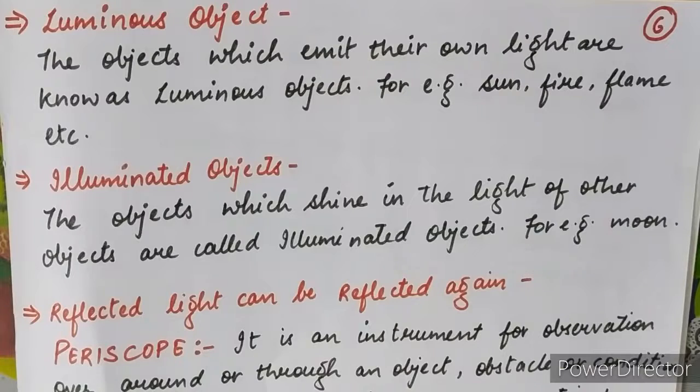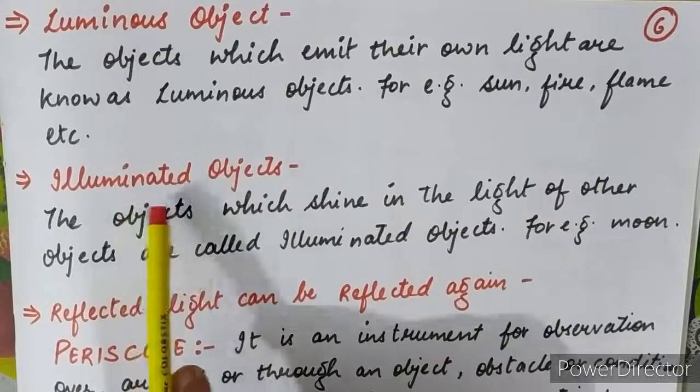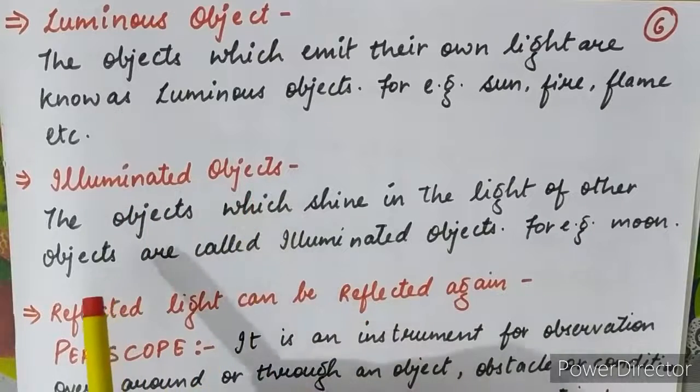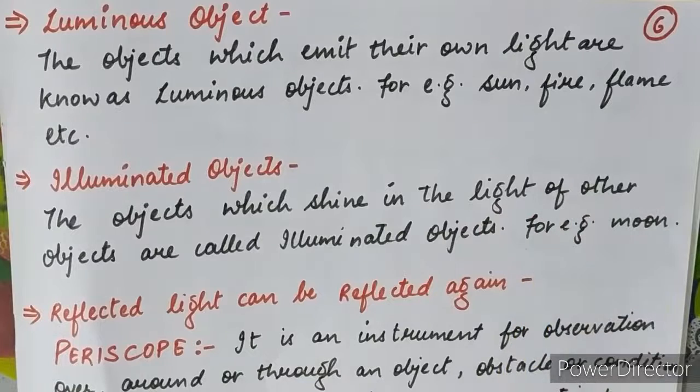Next one is the illuminated object. An illuminated object means an object which shines in the light of other objects. They have to depend upon the light of other objects. They don't emit their own light because they don't have their own light.